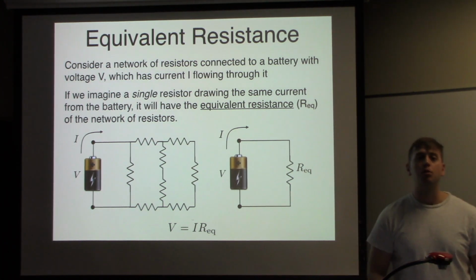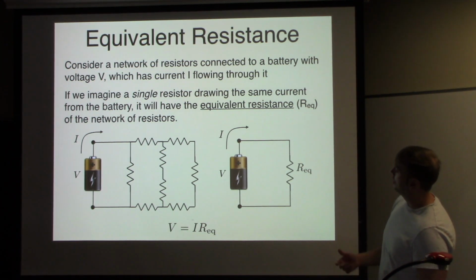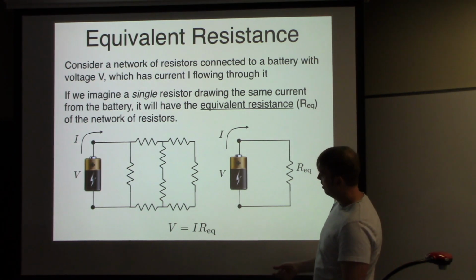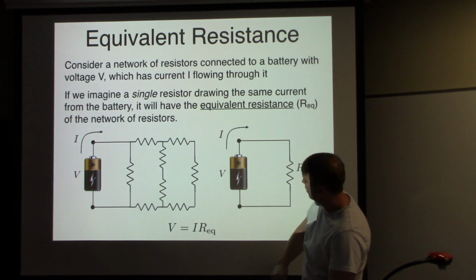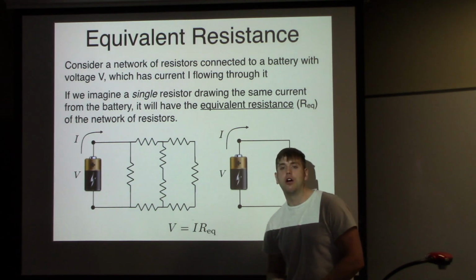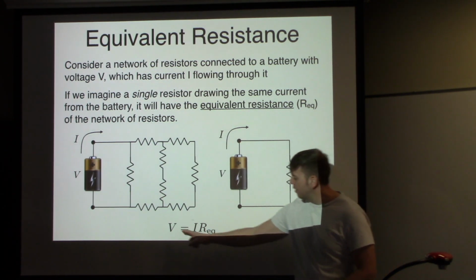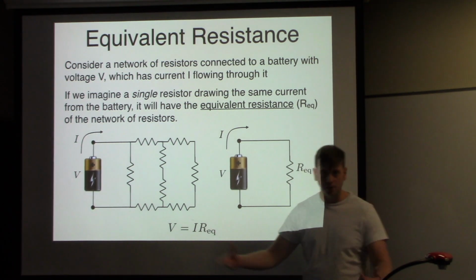That's why we call it the equivalent resistance. So how do we think about the equivalent resistance? Well, it's just Ohm's law. Battery voltage here is equal to I, the current flowing through this circuit, times Req. So if we take the battery voltage and the current flowing through the battery, that sort of defines what the equivalent resistance is.